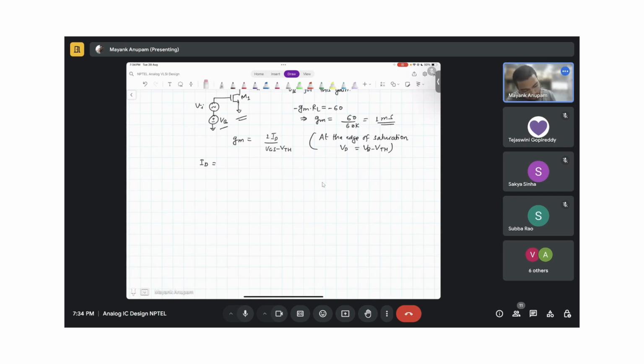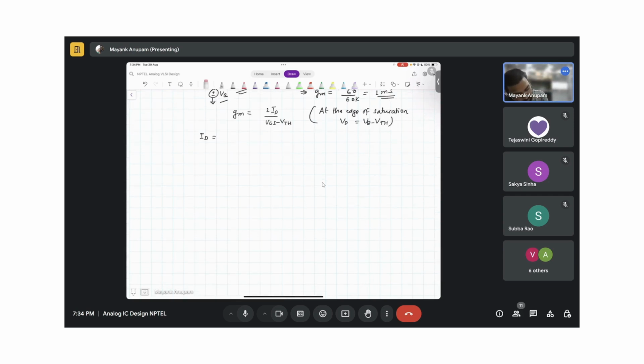Let's use this. So ID is equal to VDD minus VDS upon RL, that is equal to VDD minus (VB minus VTH) upon RL. So what will this be?